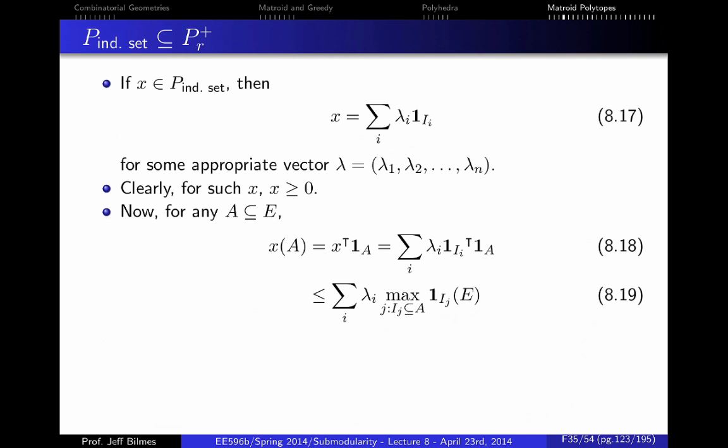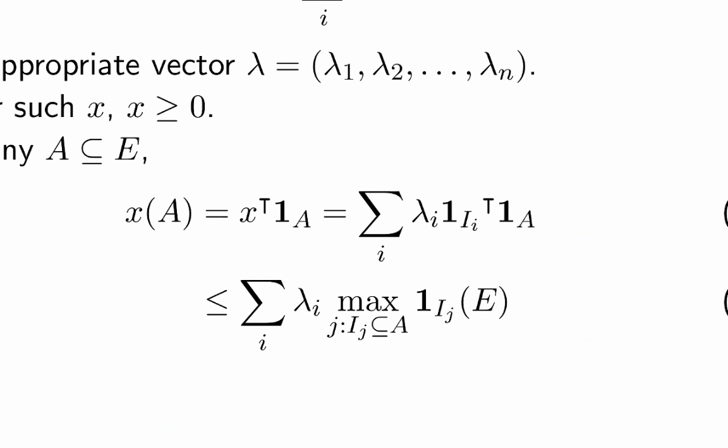Now what we're going to say is, here we've got this dot product, right? That's basically going to be upper bounded by the maximum independent subset of A, right?